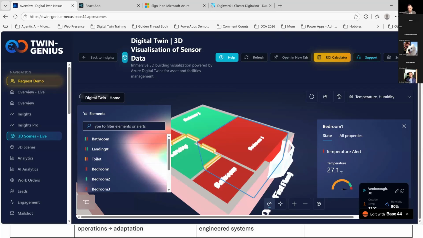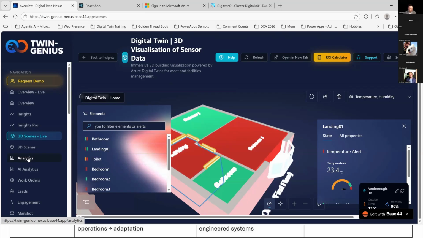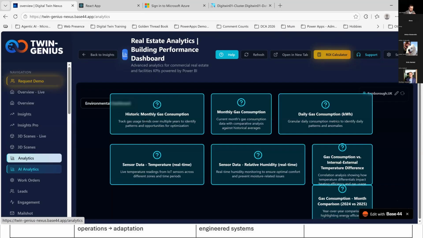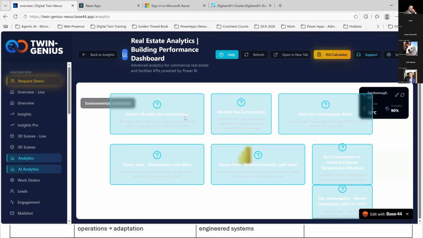And what this allows me to do, as you can see here, is to click on any room and it tells me the temperature in these different spaces. The other thing it does is that it's tied in with analytics. So what you'll see coming up on the screen now is the Power BI dashboard, which is linked into all of that.